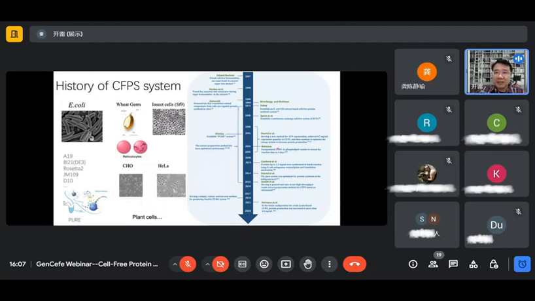This is really a dramatic shift in the efficiency of cell-free systems, so that they can be as productive as cellular systems, while still specializing in tackling the challenges of difficult proteins. What we see today is a very diverse set of cell-free systems, which we can categorize based on their cell lysate origin. For example, if the cell lysate comes from E.